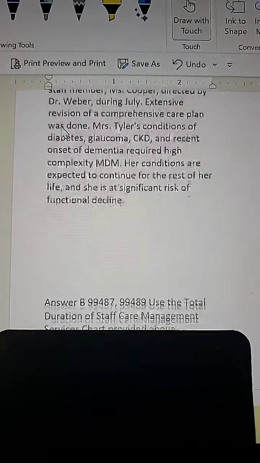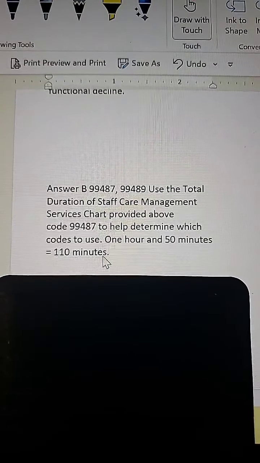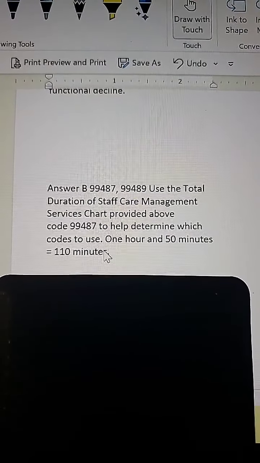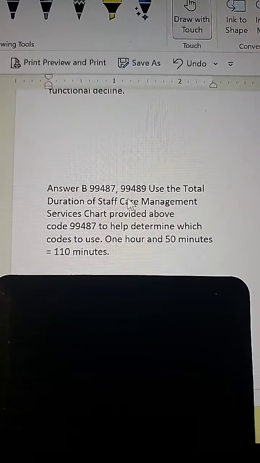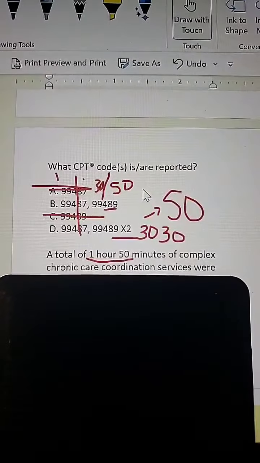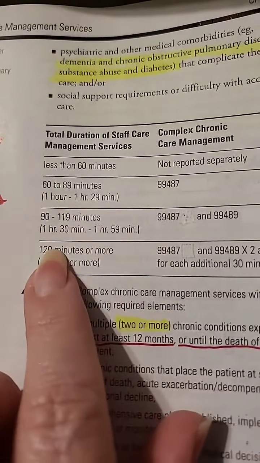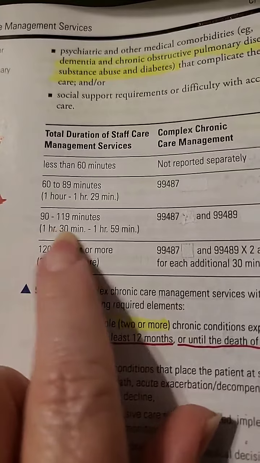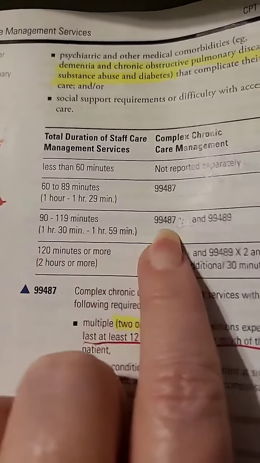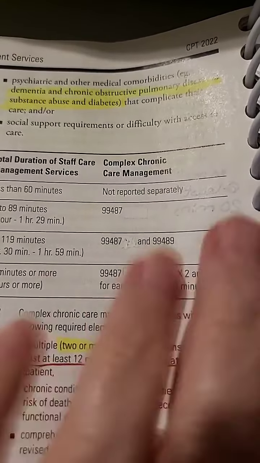Just a couple of you said B. Yep. We have a chart here. If you try to do the math yourself, you're going to get yourself in trouble. So don't forget to always go to these charts when they're available and put in your time. So we had 1 hour and 50 minutes. We see right here, we just code that code with that code. That's it.